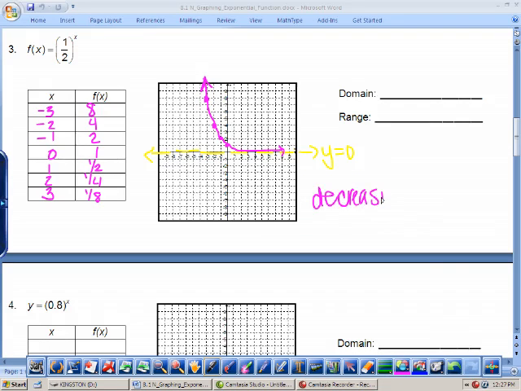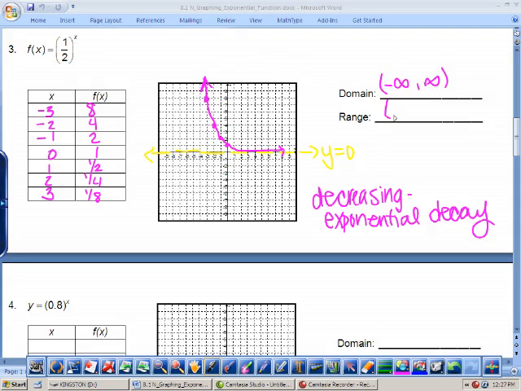So we call this exponential decay. What's the domain? And what's the range?